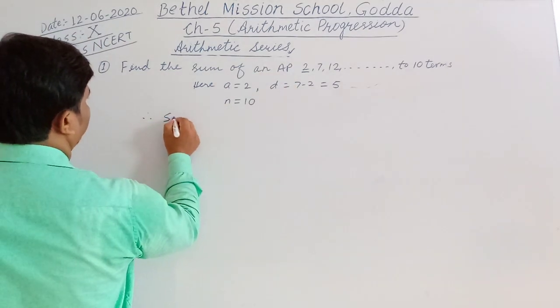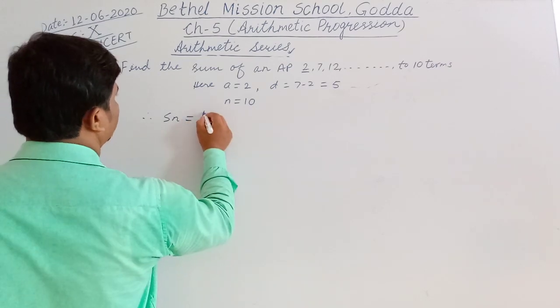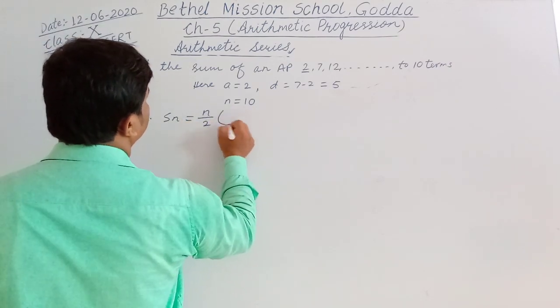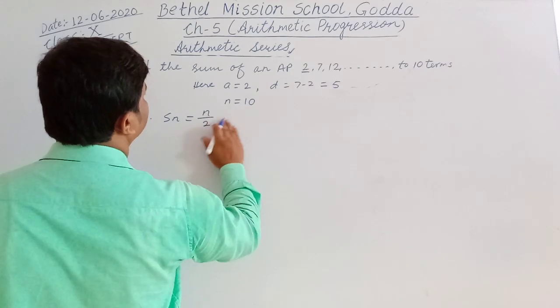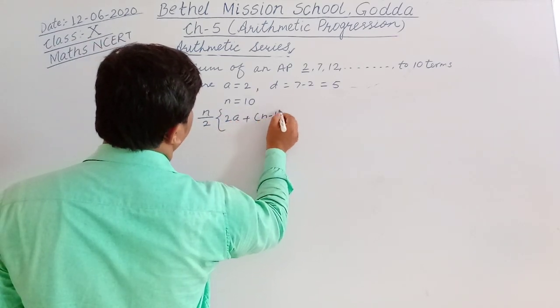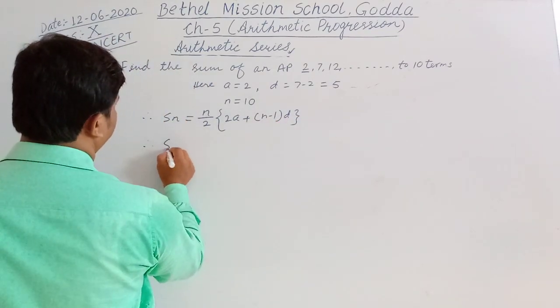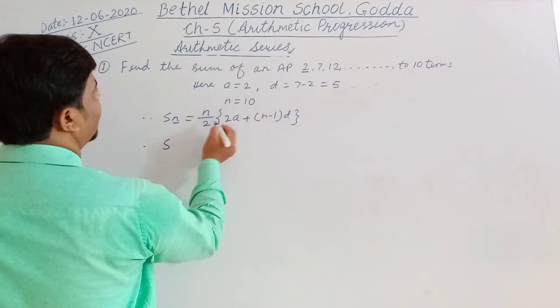Therefore, Sn equal to n upon 2 of 2A plus n minus 1 into D. The value of n is 10.